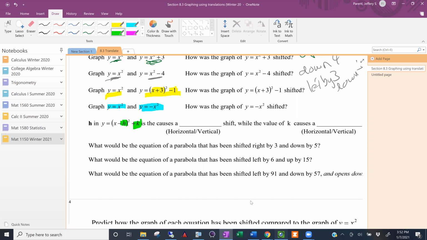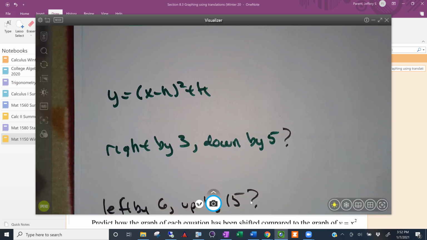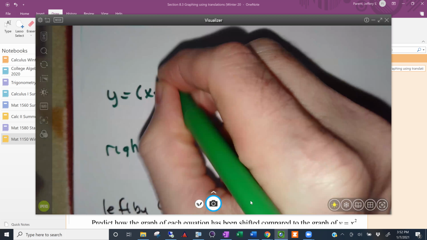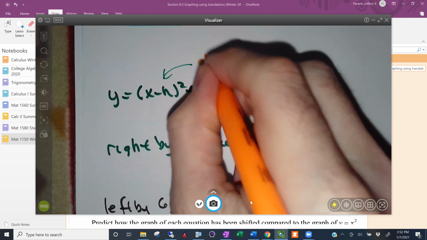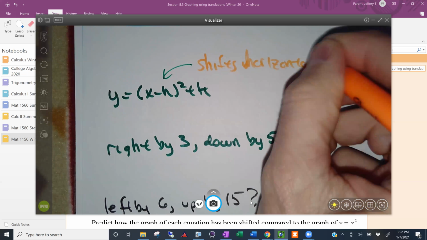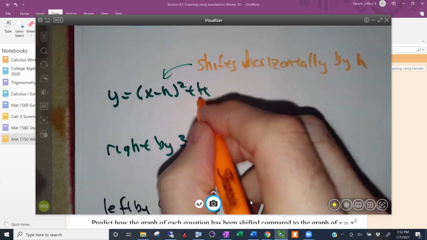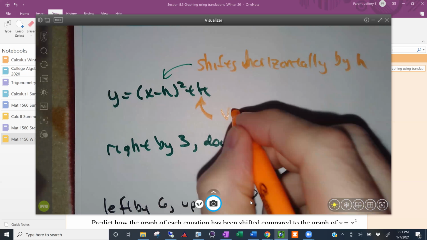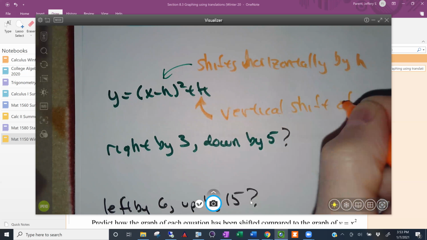So we've seen a couple of these. h controls the horizontal shift, shifting horizontally by h. How about the k? The k is going to be a vertical shift of k.